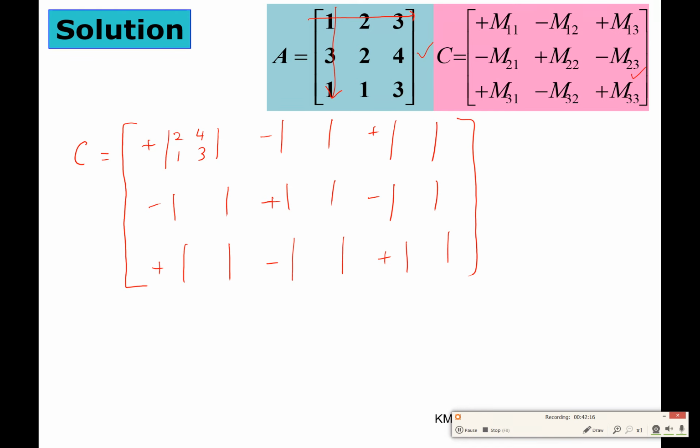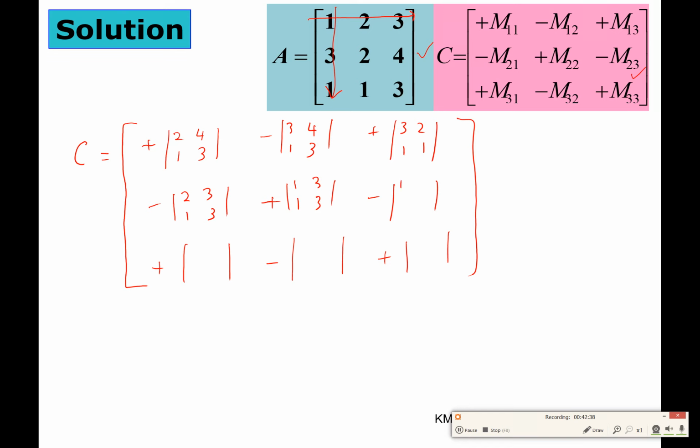So negative here, you read 3, 4, 1, 3, and here 3, 2, 1, 1, then 2, 3, 1, 3, and 1, 3, 1, 3.